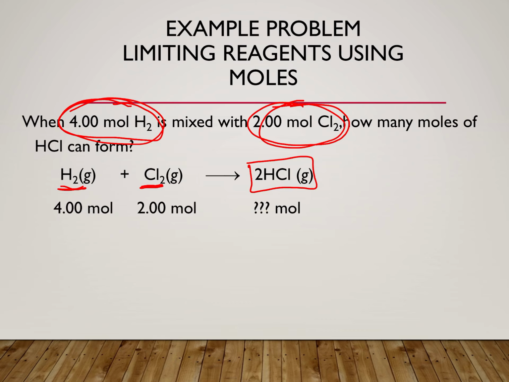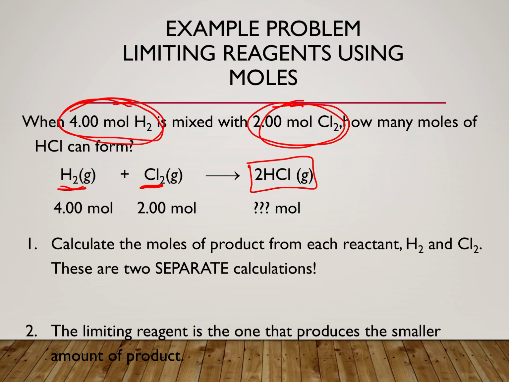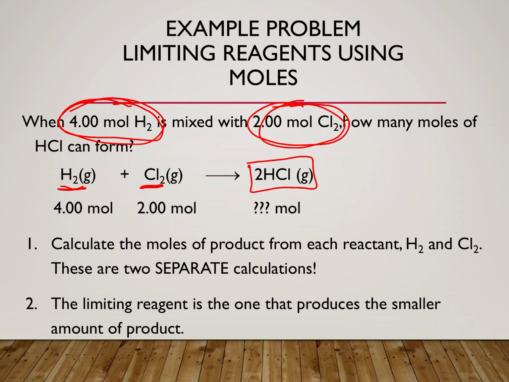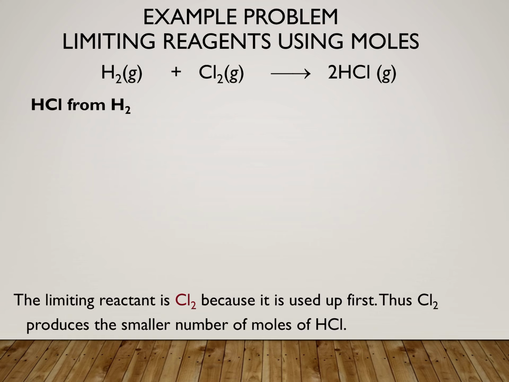So let's deal with our hydrogen first, right? Two separate calculations, two sets of train tracks. The limiting reagent will be the one that produces the smaller amount of product. So if we were to calculate our moles of hydrogen chloride from H2, we put our amount of hydrogen in the beginning, and we make a train track, and we're going to use our mole ratio to figure out how many moles of HCl can form.